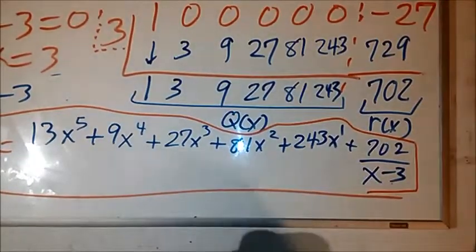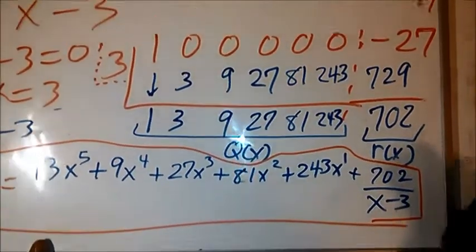Okay. Now there's something that you need to know. It's called the remainder theorem. And basically how the remainder theorem works is, let's say for example you have a real number, right? And it's being divided by a divisor.